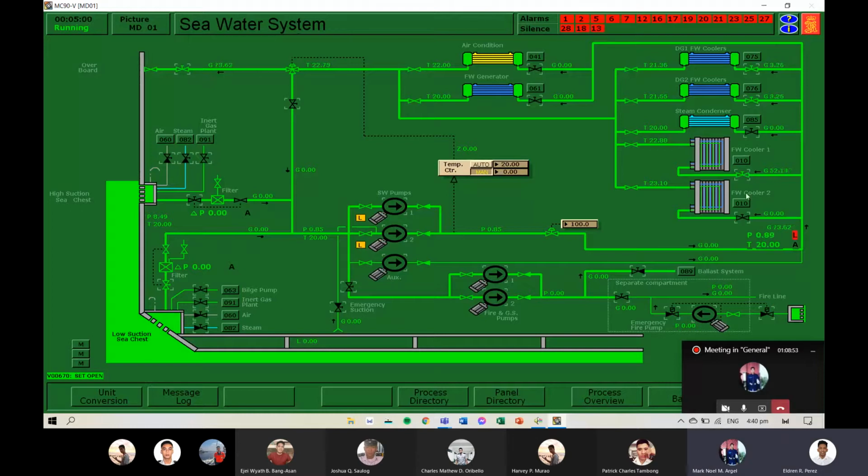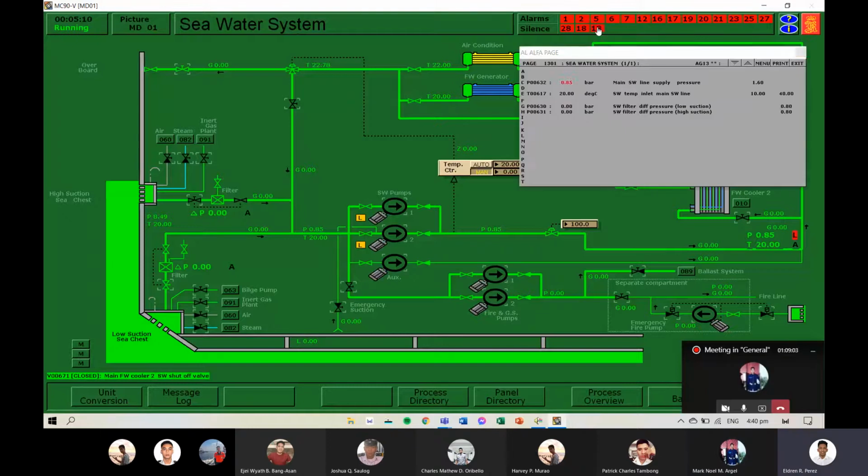Chief Engineer Perez, sir. Open the seawater recirculation line shut-off valve. Whenever there is an alarm, acknowledge it to return it to its normal condition.